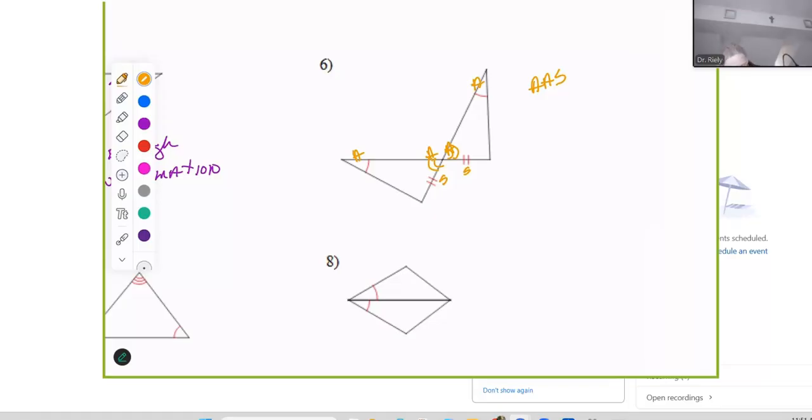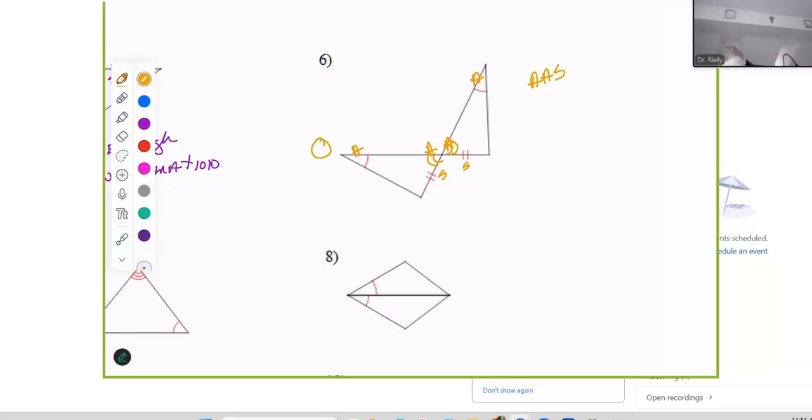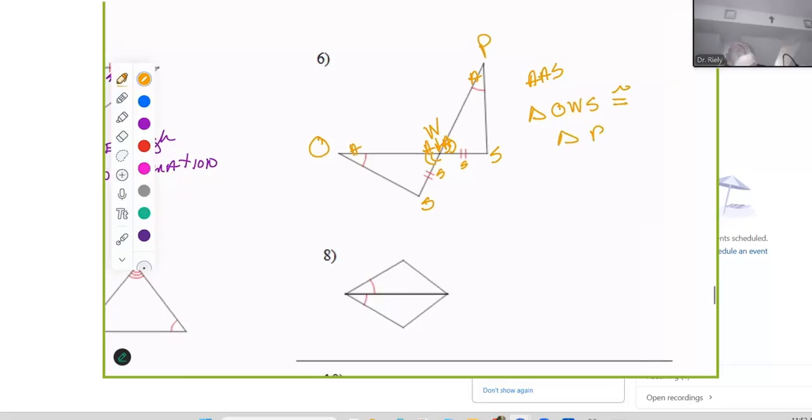And once I have that, let's mark the vertices. O, P, S, T, and we'll make this inside W. Okay, so if I say I have triangle, the single, which would be the O, the vertical angle, which is the W, and the other angle, which is the S, is congruent to the single, which is the P, the double, which is the W, and the, do I have two S's?